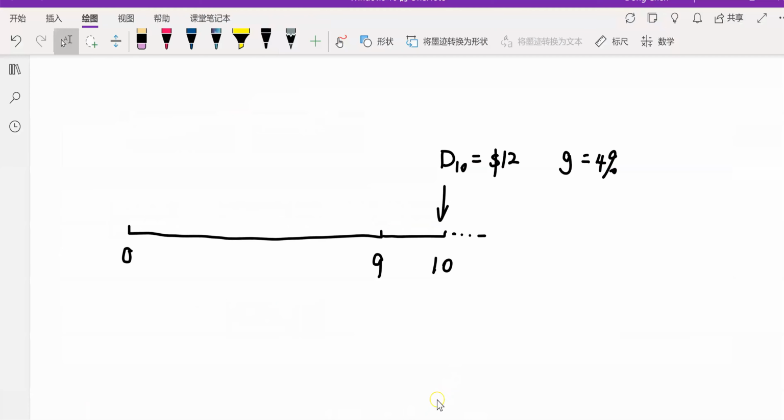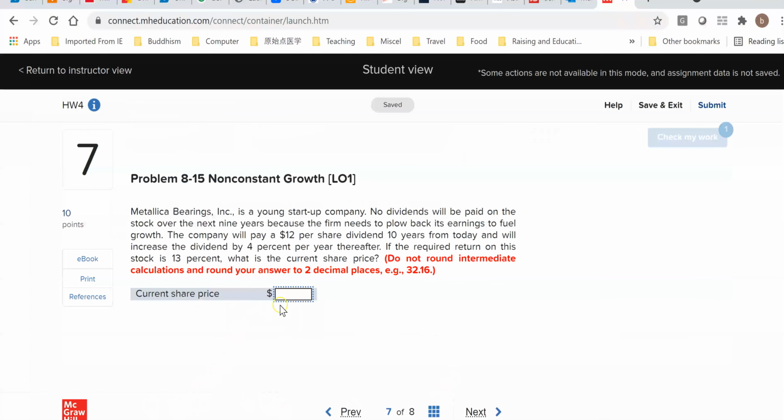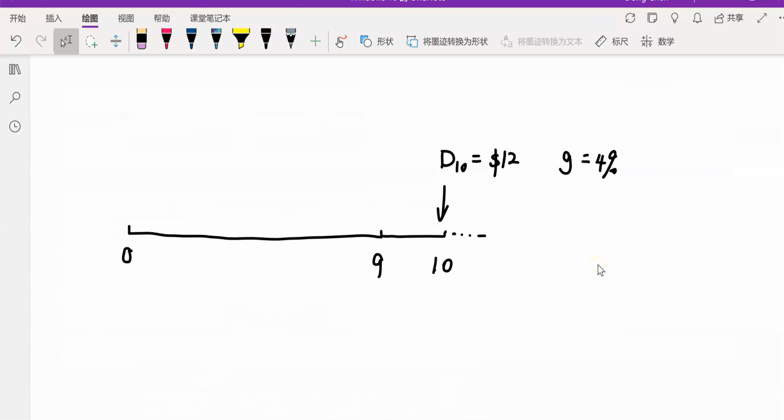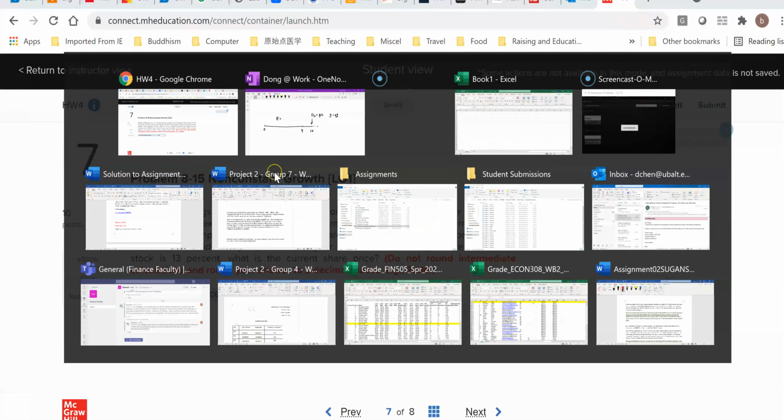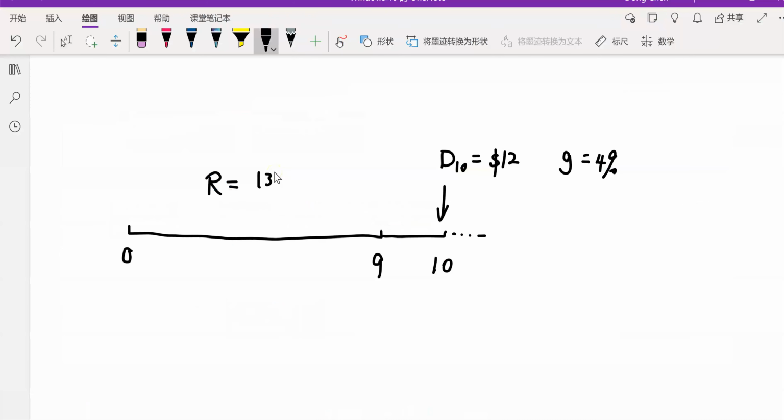And the required return, which is R, is 13%.